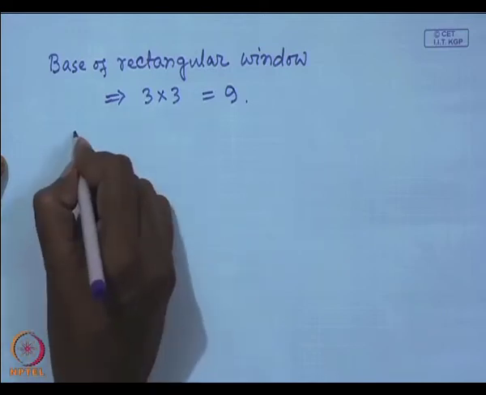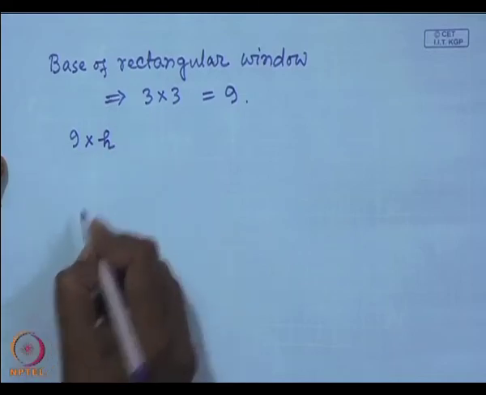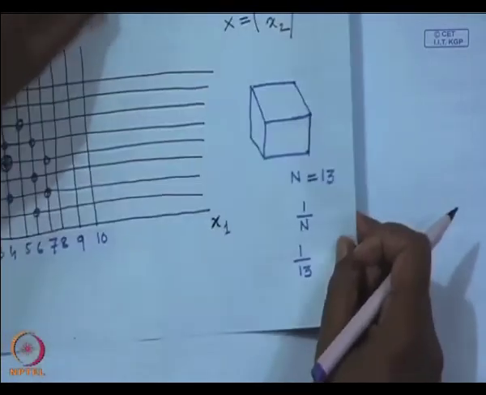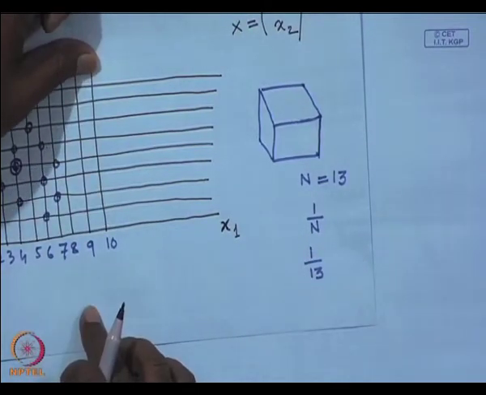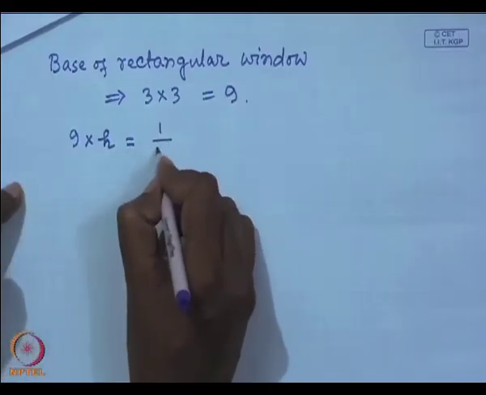So, I have 9 into height of the box, that has to be equal to the volume of the box, and this volume we have computed to be 1 upon 13, because we had total 13 samples. Okay. So, I have 9 into h is equal to 1 upon 13.